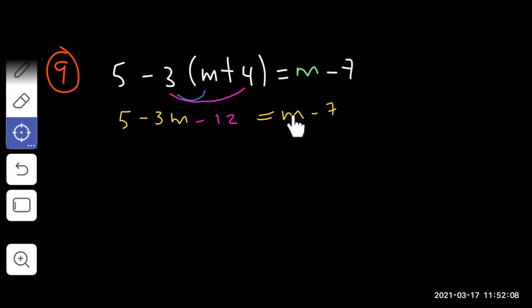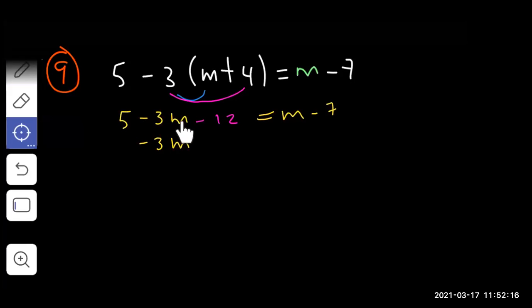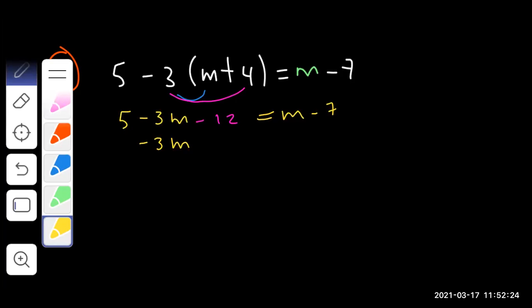Then, guys, move the variables to one side and numbers to the other side. Okay, this negative 3m is right here, I only copied. Do I have another m right here? Yes, we have 1m on this side, guys. If I move it to this side, it's like I'm subtracting m, so negative m.